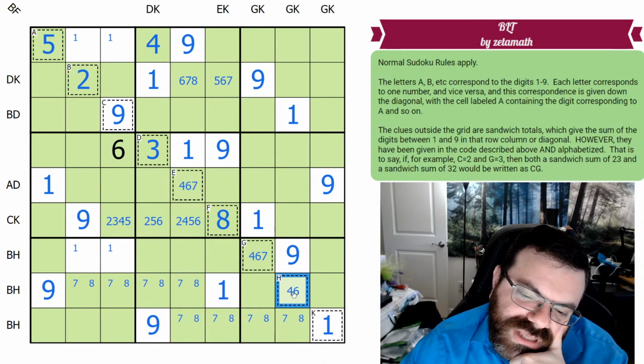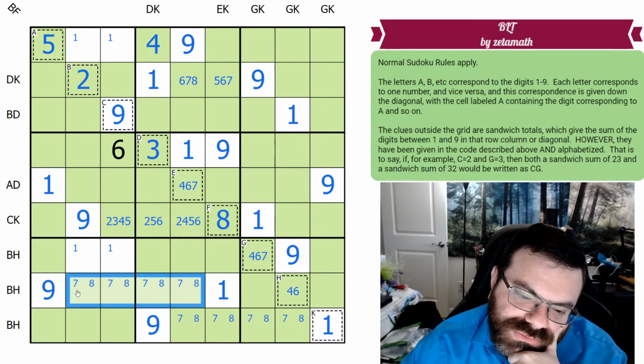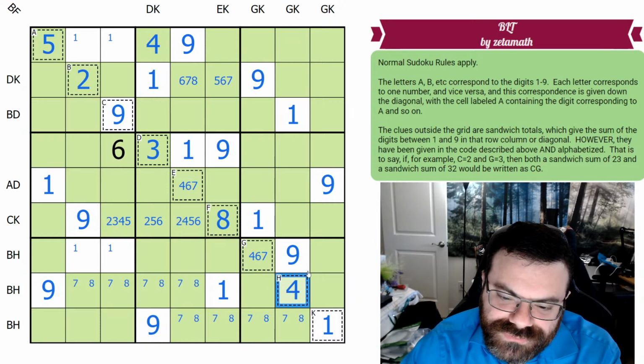If H were 6, we'd have to add to 26, which uses the 6. So this actually is a 4.